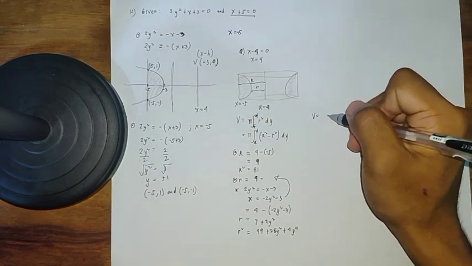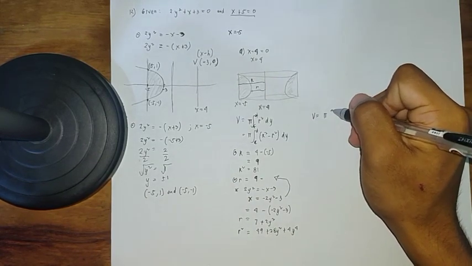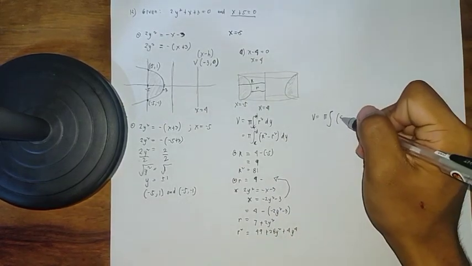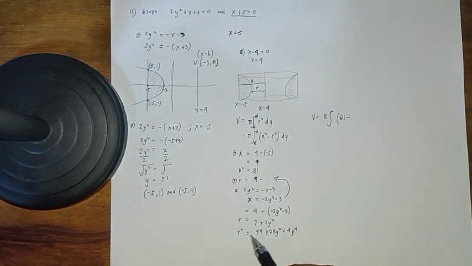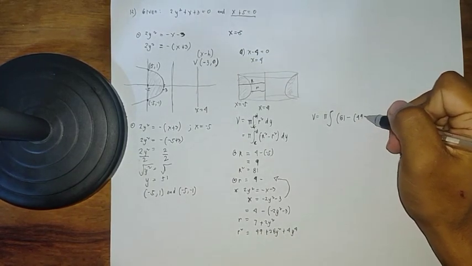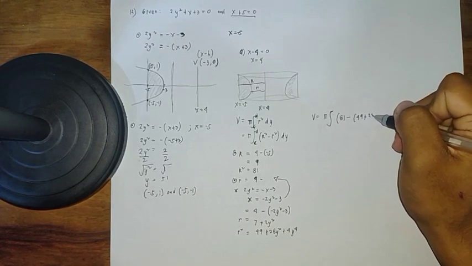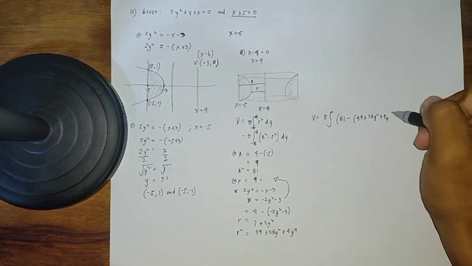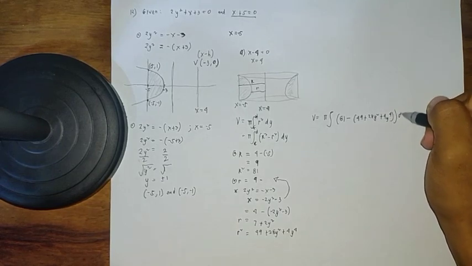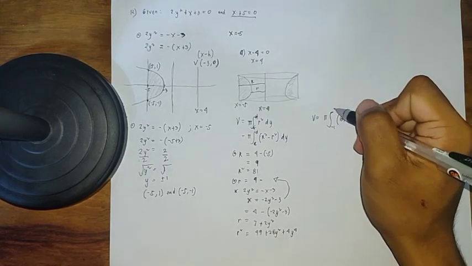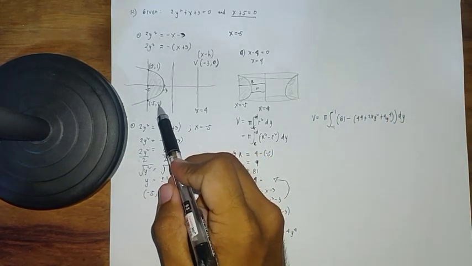V is equals to pi times the integral of r squared na malaki is 81 minus yung r squared na maliit is 49 plus 28y squared plus 4y raised to 4 dy from negative 1 to 1.